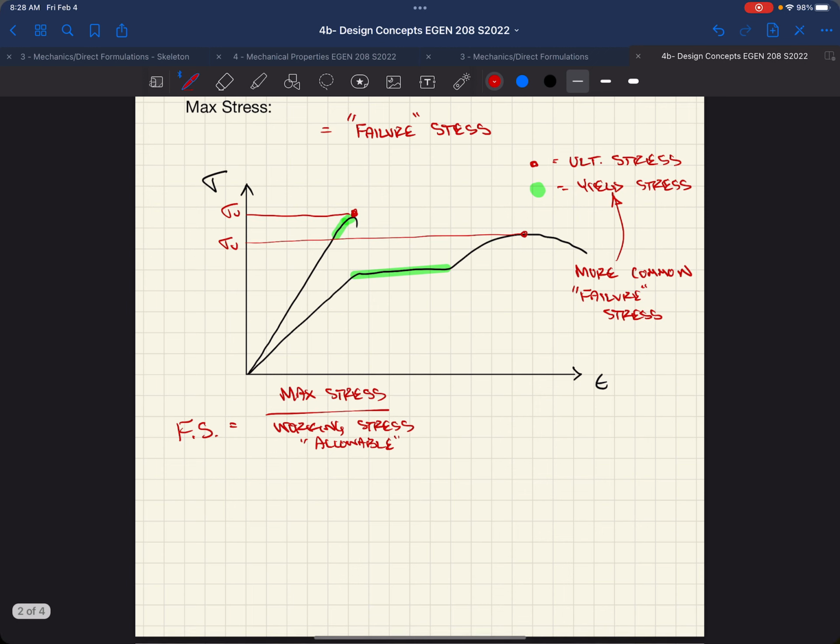So if we look at it in terms of, right, we have stress is force over area, and we have our shear stress as our shear force over the area, right? So if we relate our factor of safety with respect to stresses, we could say the factor of safety is our failure stress divided by our allowable stress.